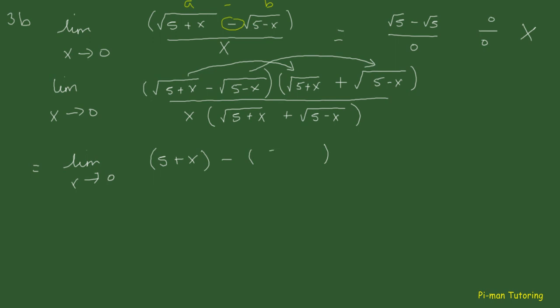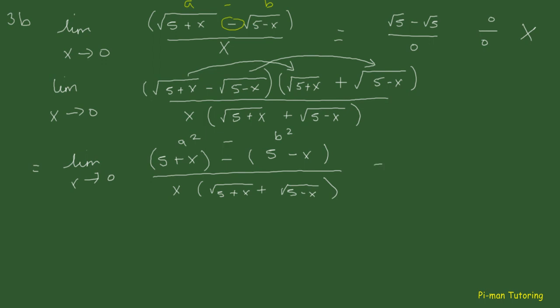So that would be minus 5 minus x. This is a squared minus b squared. And all of that divided by x into root 5 plus x plus root 5 minus x.